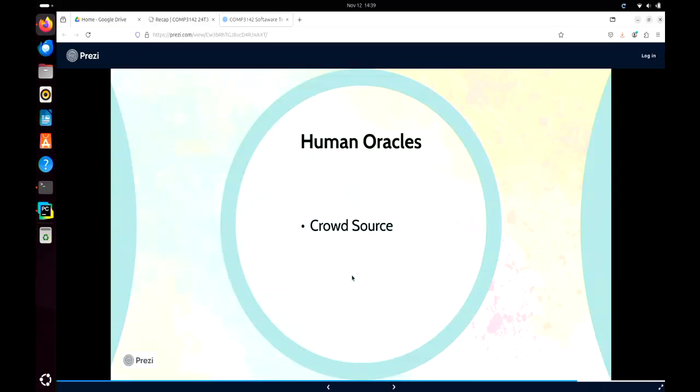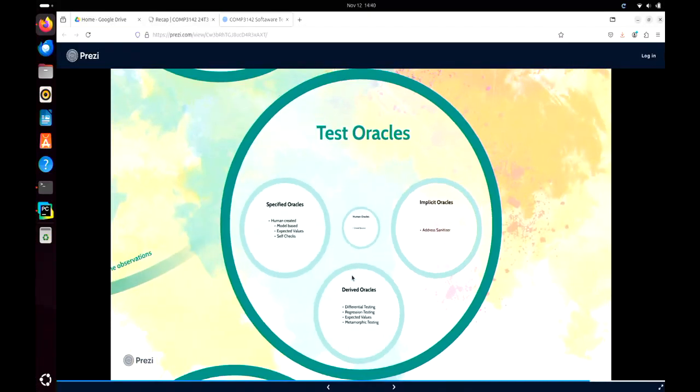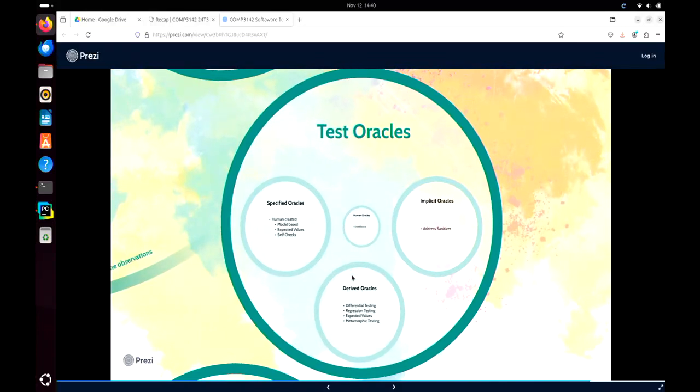This is particularly mentioned here because it is now popular because of large language models. Almost all the human feedback for reinforcement learning of large language models is actually done by crowdsourcing. And that's all about test oracles.